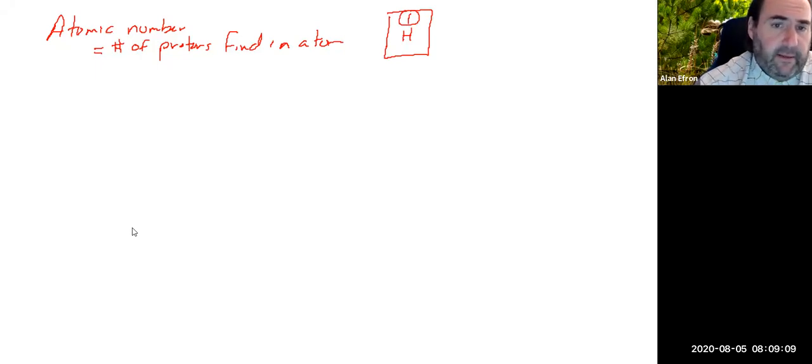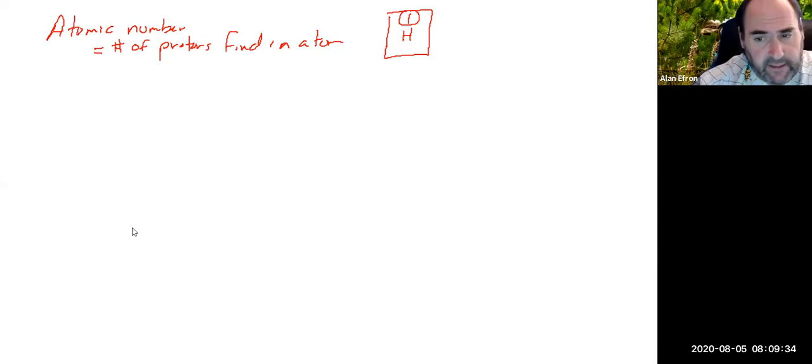And the other important thing about the atomic number was that if it is a neutral atom, then the atomic number, which is the number of protons, will also tell you the number of electrons that are present. So again, the atomic number's definition is really just the number of protons, but it will secondarily give you the number of electrons if it is neutral.